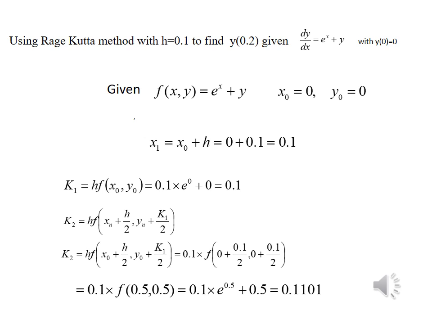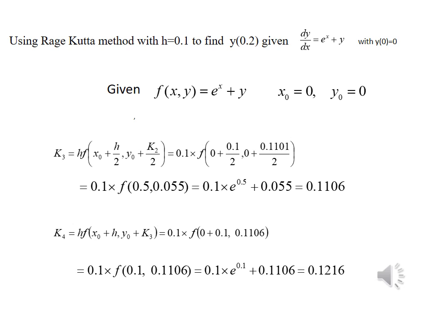k2 is equal to h into function of xn plus h by 2 comma yn plus k1 by 2. Here we are using the first iteration, so instead of xn you can use x0. So k2 is equal to h into function of x0 plus h by 2, y0 plus k1 by 2, which is equal to 0.1 into function of x0 is 0, 0 plus h by 2 is 0.1 by 2, comma y0 is 0 and k1 is 0.1 by 2. So finally you get k2.